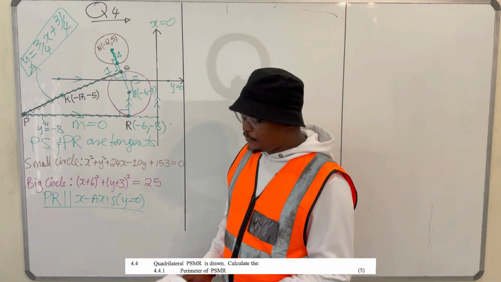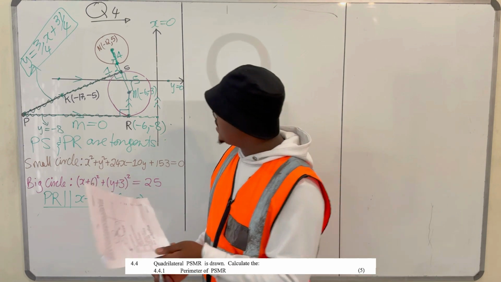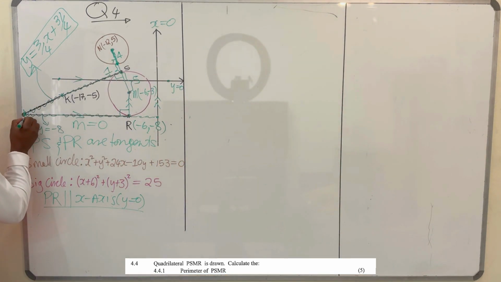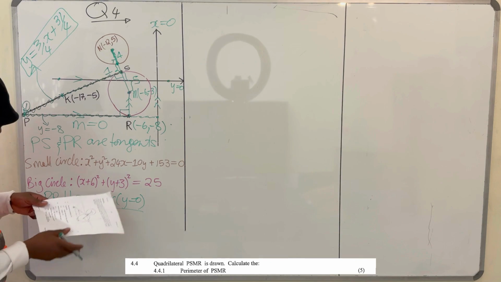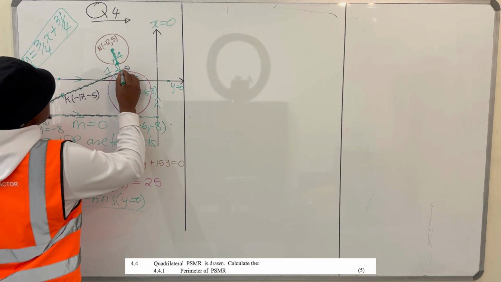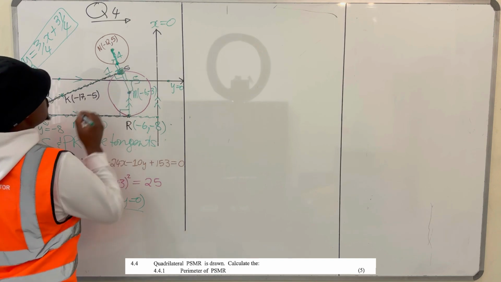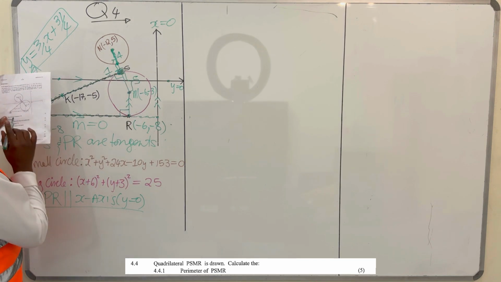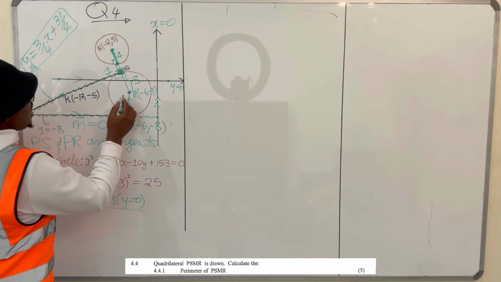So we have a quadrilateral: P is the vertex number 1. S, here's S here, is the vertex number 2, right? M, where's M? M is this point here.